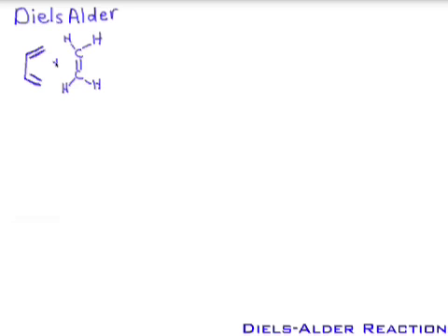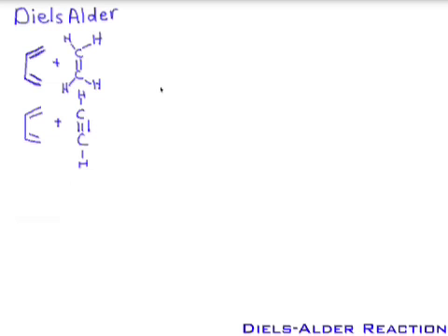It doesn't just have to be the alkene. I could use, for example, with the same diene, a molecule of ethyne. Could use a triple bond. As long as I have a pi system reacting with the diene, I can get this sort of reaction.